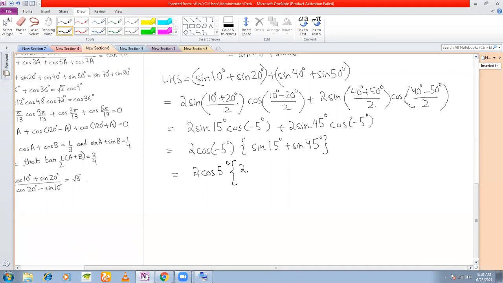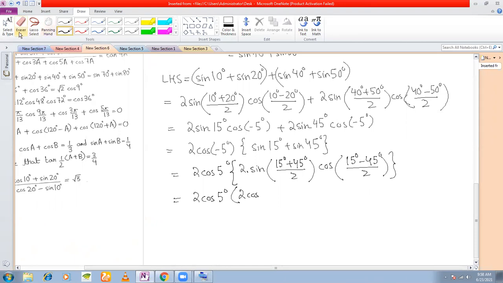Sine plus sine will give you 2 sine C plus D divided by 2 cos C minus D divided by 2. So this will be 2 cos 5 degree into 2 cos.